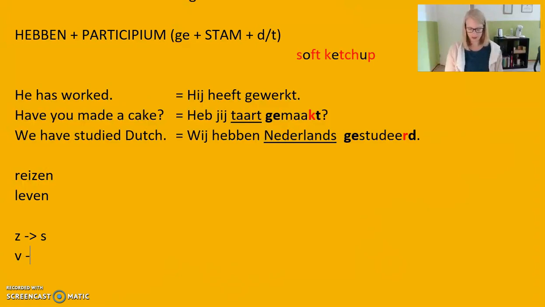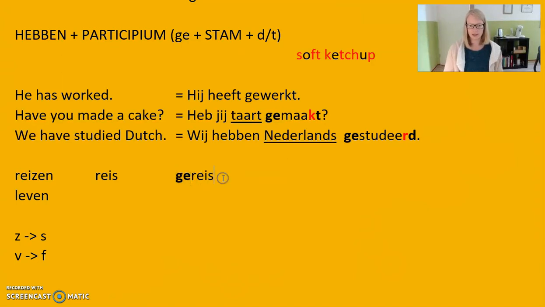And the V changing into F. These are the only two letters that they change sometimes, right? So then it's a bit tricky, but actually, you start with ge. Then we need the stam. The stam of reizen is reis.